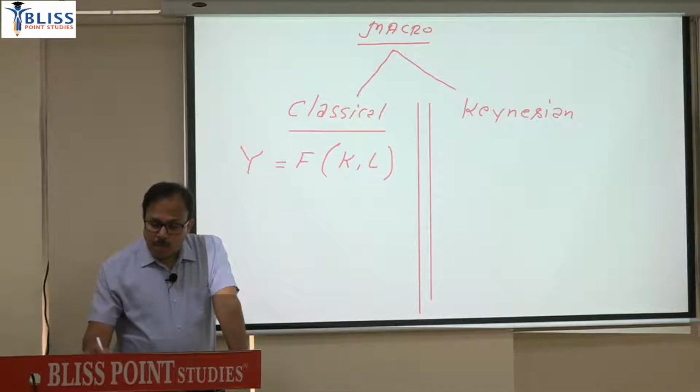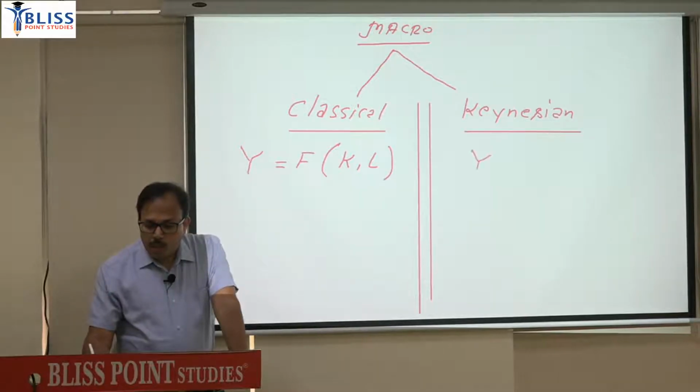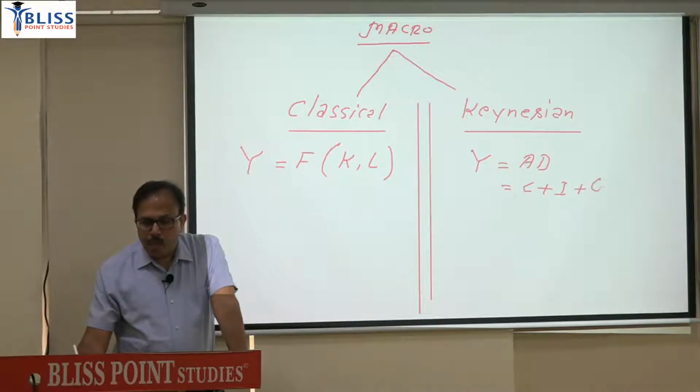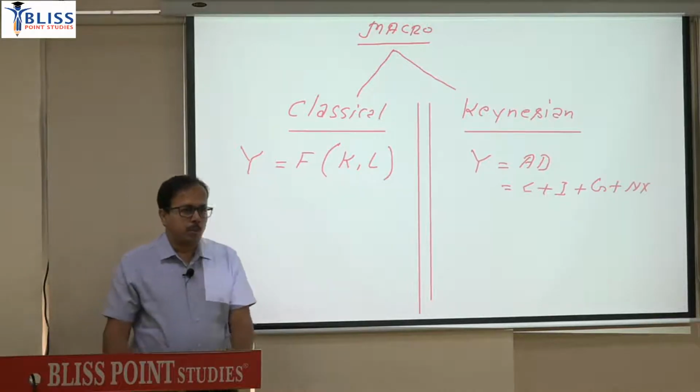But at the same time in macroeconomics we also write that the output of the economy, that is y, is determined by aggregate demand, y equal to AD. Aggregate demand is consumption demand by households, investment demand by firms, government spending, plus, if the economy is open, net exports, export minus import.